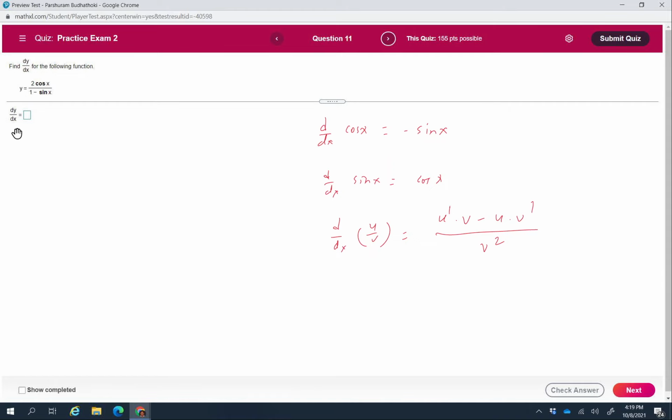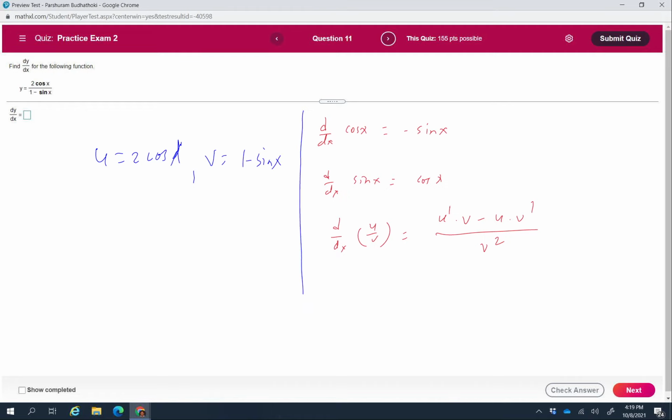And this one is again the derivative of a trigonometric function. These are the formulas you need to use. The derivative of cosine is negative sine x, the derivative of sine is cosine x, and this is the quotient rule. Now just plug in the values: u prime v minus u times v prime over v squared. In this case, u is 2 cosine x, v is 1 minus sine x.